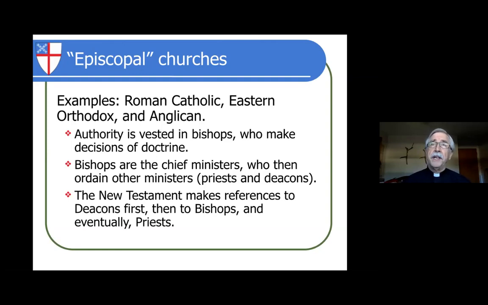Authority is vested in the bishops who make decisions about doctrine, all right? And the foundation of the authority of the bishop is that hands have been laid on him by other bishops. He's been invested and ordained as a bishop for that ministry.